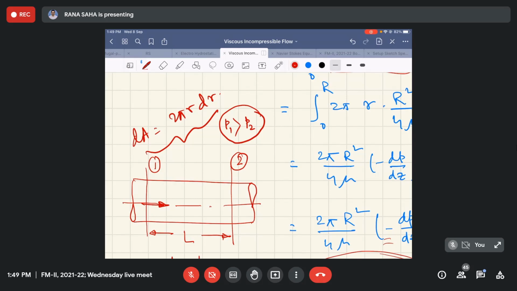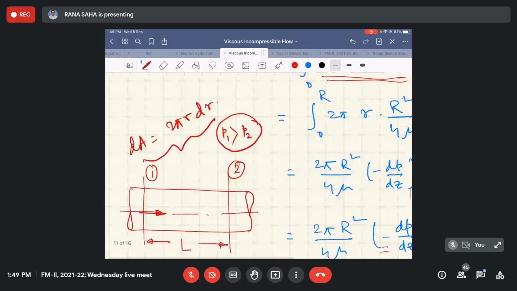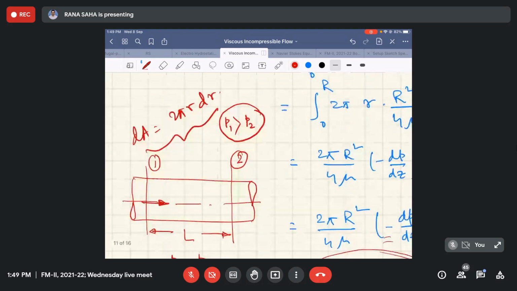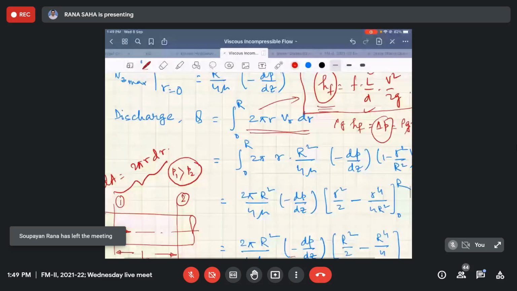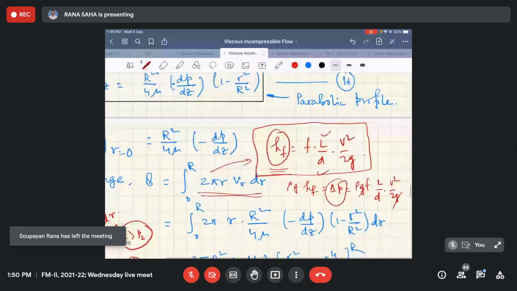So the only possible loss is the loss due to friction. That loss due to friction results in a drop in pressure. So we are trying to look into the situation of why it is being linear, as it is written like that.